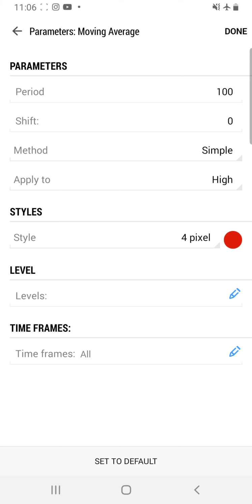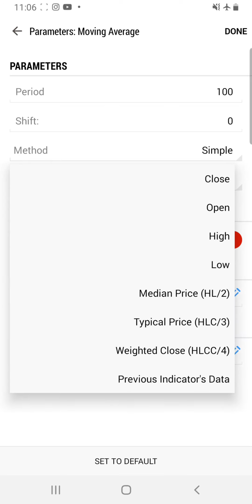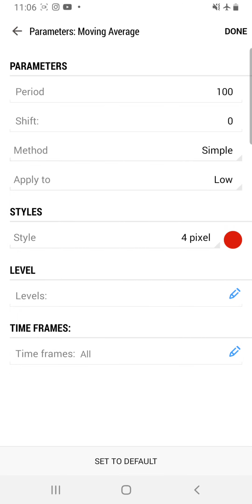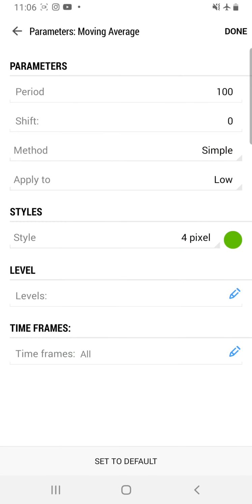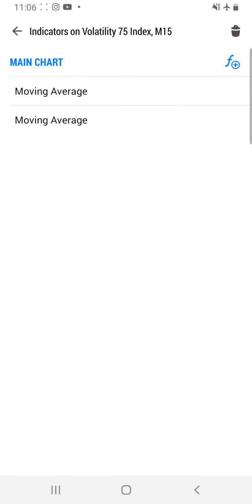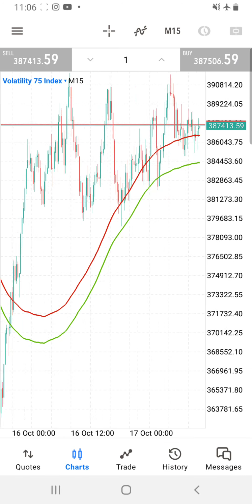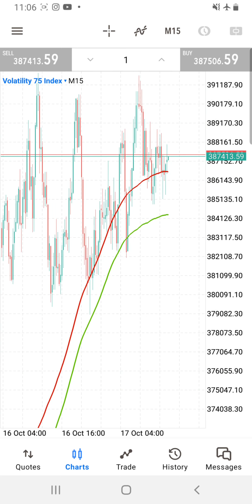We only have to change where it says apply to. We're going to change this to low, and we're also going to change the style to this green color, and everything else remains the same. I'm going to click done and go back to my charts, and as you can see, we now have the red and the green indicators, the two indicators that we have just added.